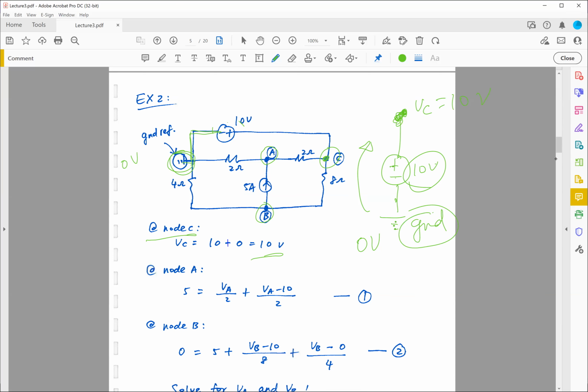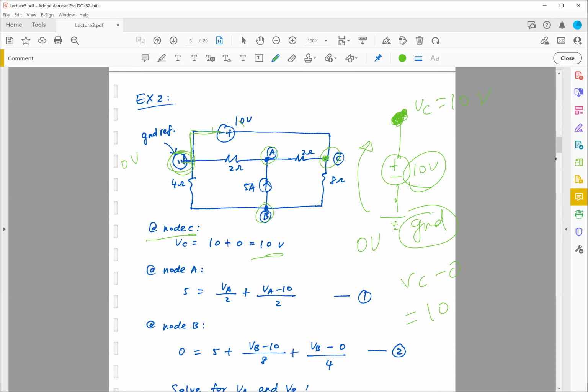VC is some unknown voltage, so VC minus 0, which is the potential difference, should be equal to whatever this voltage source is, which is 10 volts. So VC minus 0 is equal to 10, therefore VC has to be equal to 10. That's another way to figure this one out. So we have node VC, one of the node voltages that we need to find.